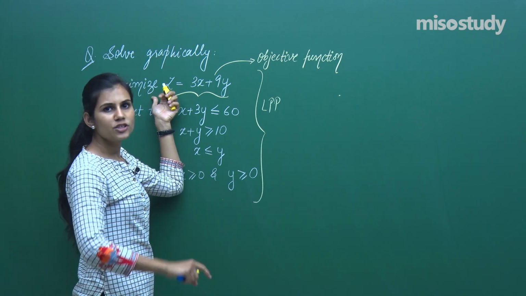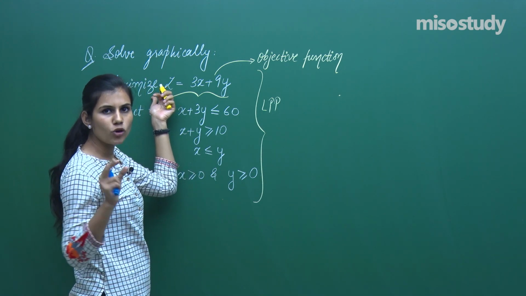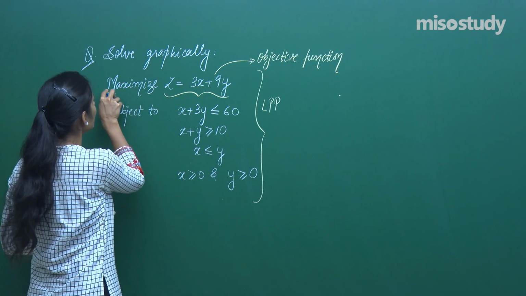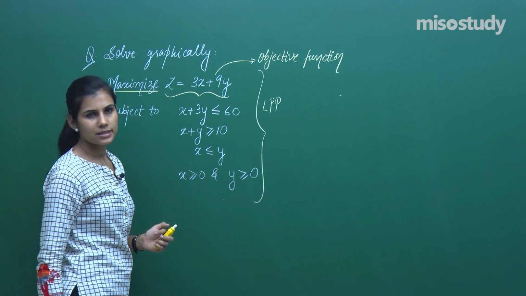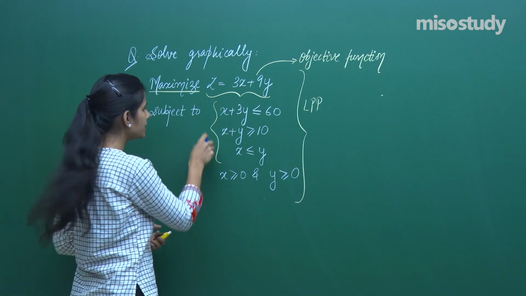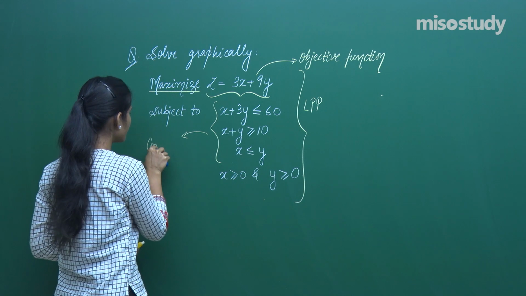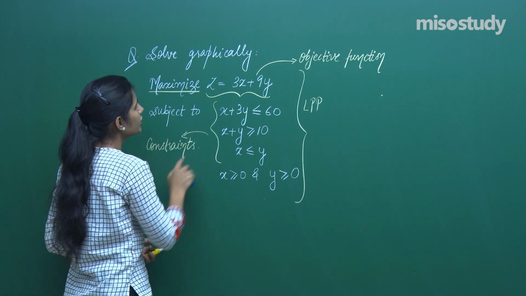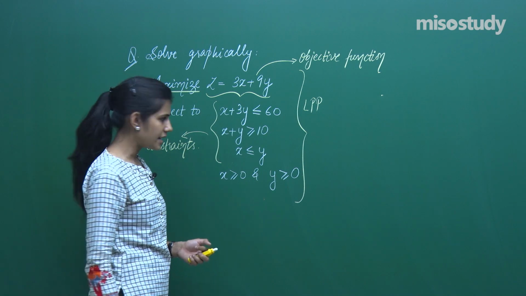You will always be asked to optimize the objective function. That optimization can be either maximization or minimization. Here you are being asked to maximize, subject to these constraints. These are the constraints which you have to keep in mind when you are moving ahead to maximize z.